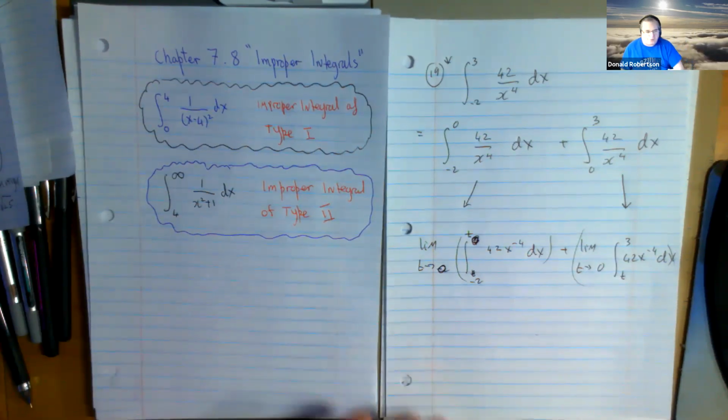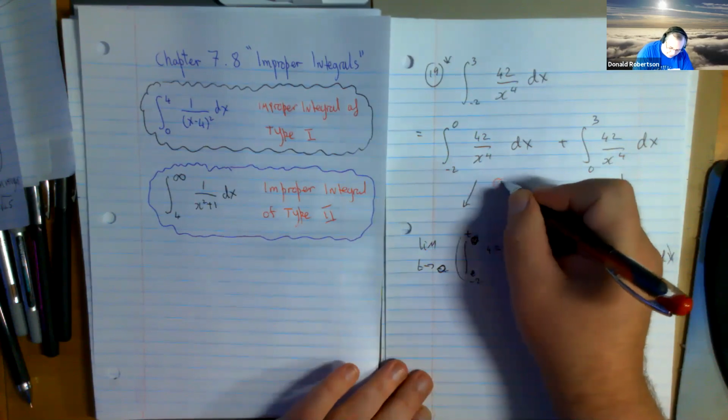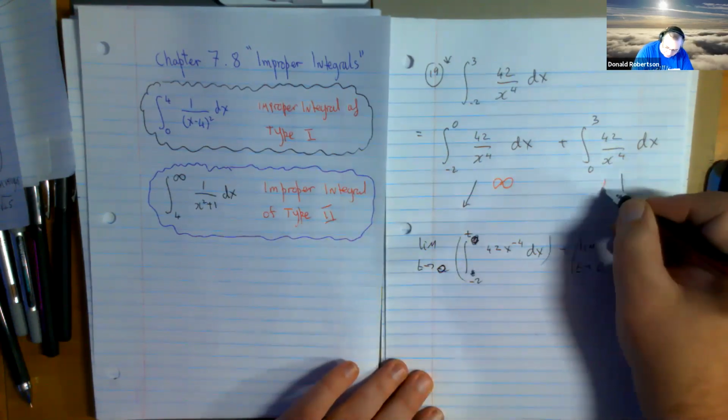So here goes. Possibilities. Couldn't this one end up being infinity and this one ends up being 4?